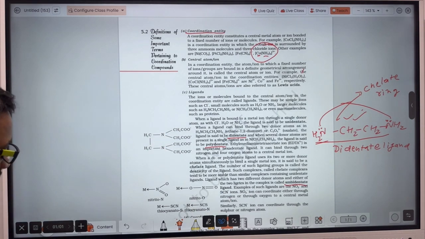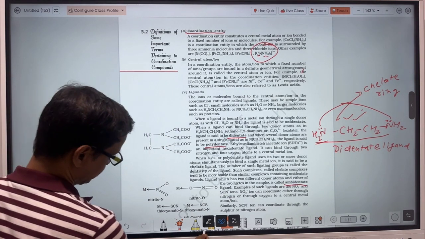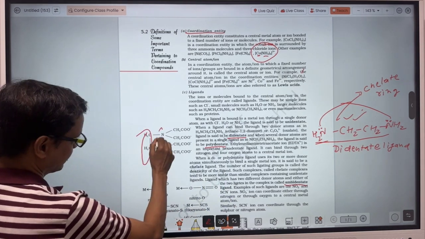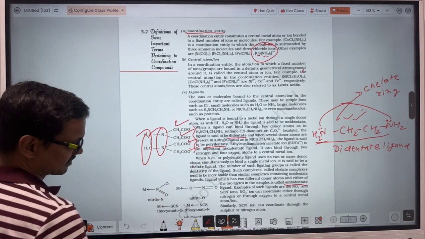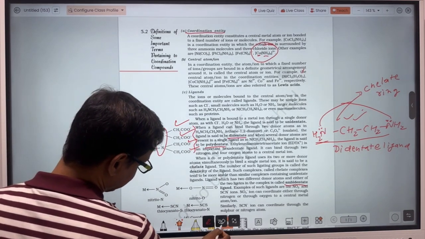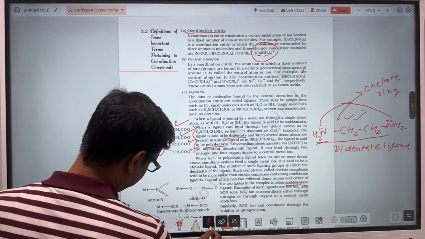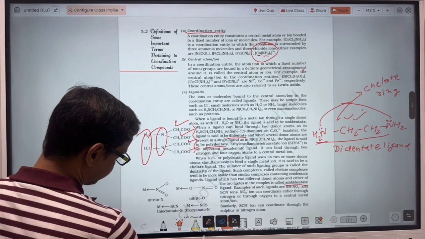This one is ethylene diamine, and there are 4 acetates, so tetraacetate. Ethylene diamine tetraacetate.